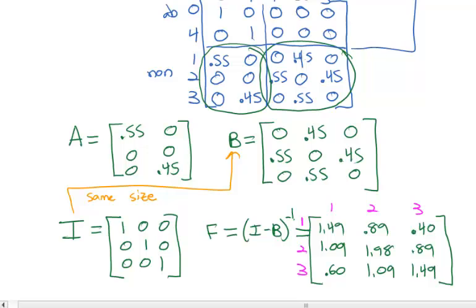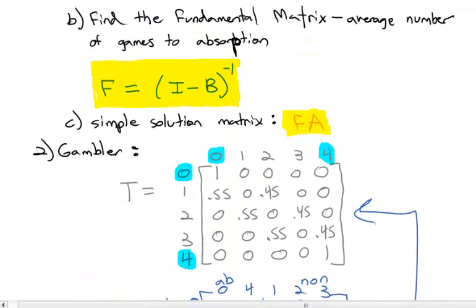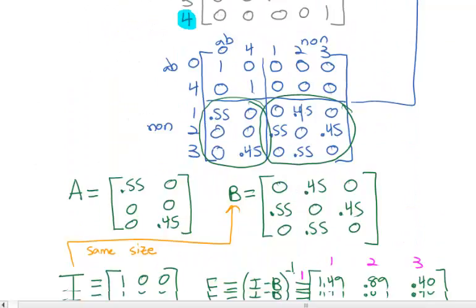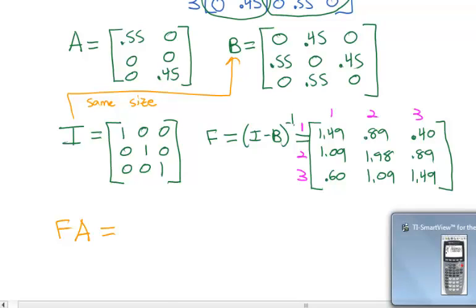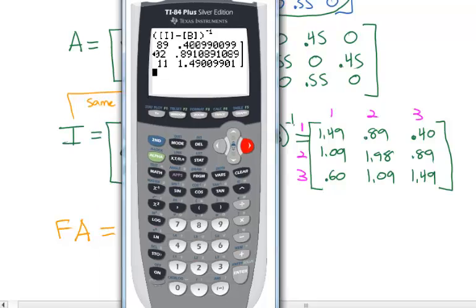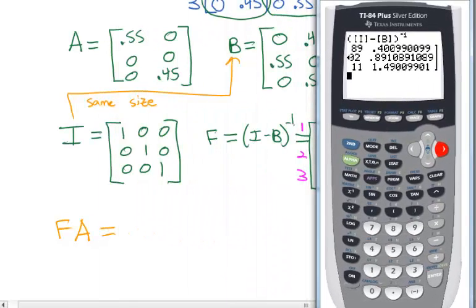But that's not what we were looking for. Our final solution that we were looking for was FA, the simple solution matrix. So let's find FA, which we can do on our calculator. You should still have the F up on your screen.